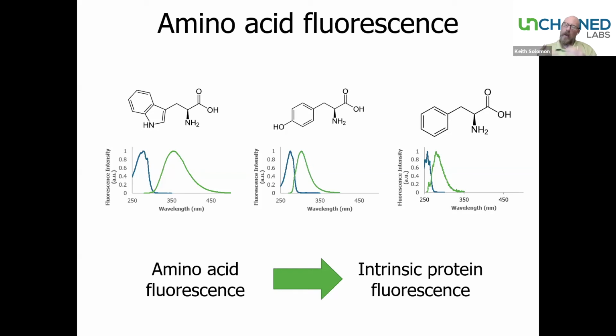So it has a lower quantum yield, but higher energy, lower wavelength emissions. And then lastly, phenylalanine has the lowest quantum yield, but again, it's slightly to the left of tyrosine. And again, that represents higher energy emissions from phenylalanine. So each of these fluorescent amino acids contributes something different to the fluorescent profile of your protein.